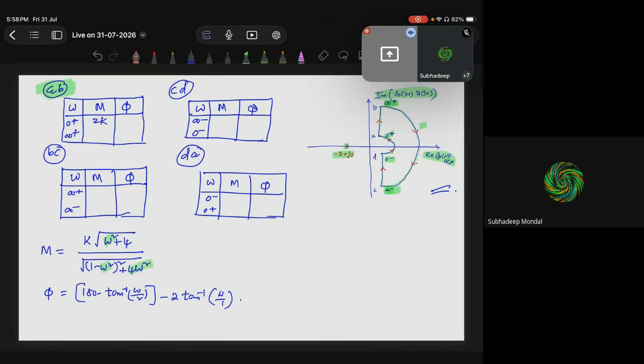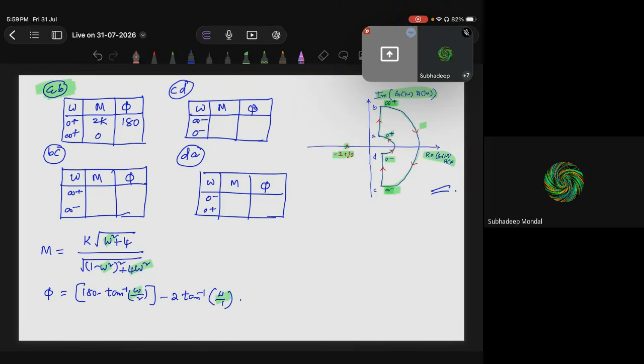Next, when omega is equal to 0, what is the angle? The angle will be, this will be 0, this is also 0. What is left? 180. Am I correct? Similarly, when omega is equal to infinity, the first one will get 0.